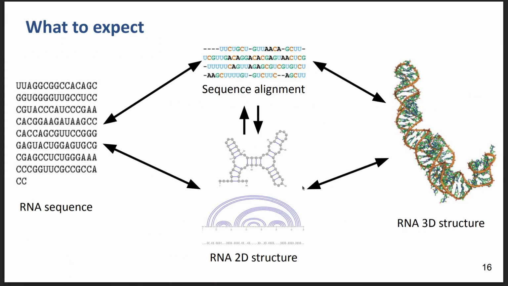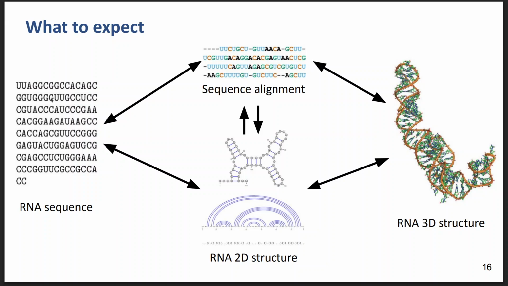So what are the objects that we will be covering? We will mostly cover four types of RNA objects, which are different levels of RNA structural organization. One of them is RNA sequence, which is just a string in a 4-letter alphabet, AUCG.